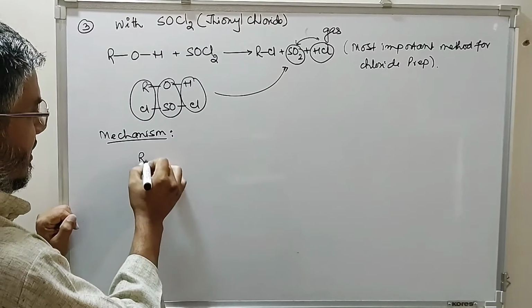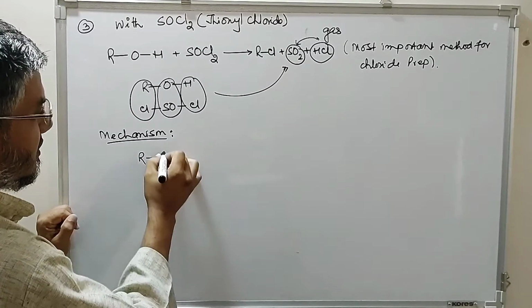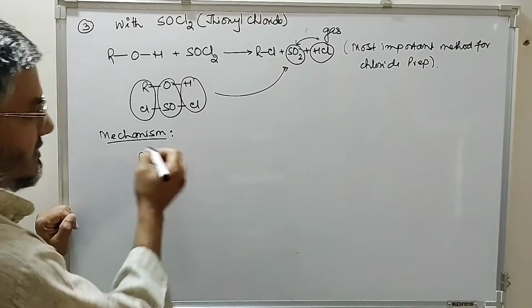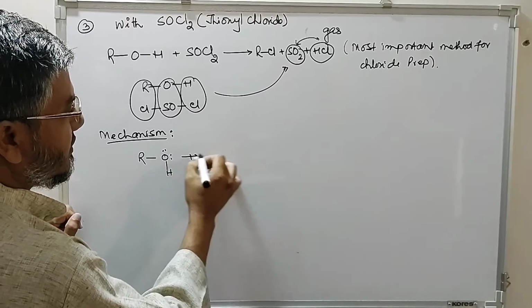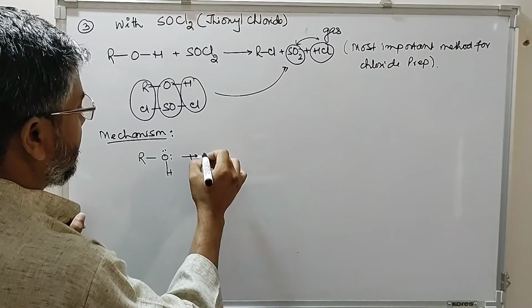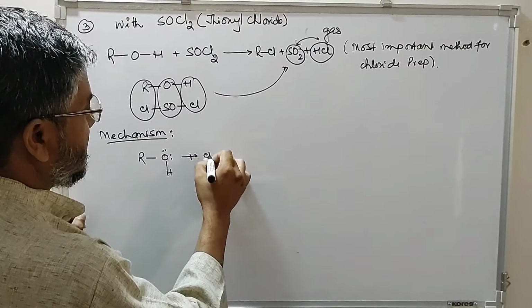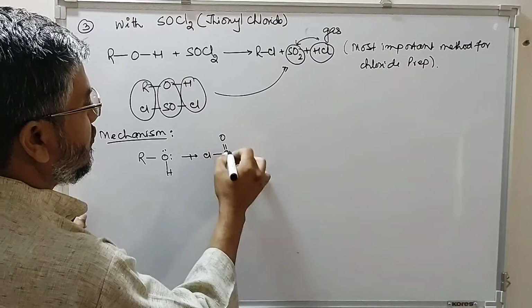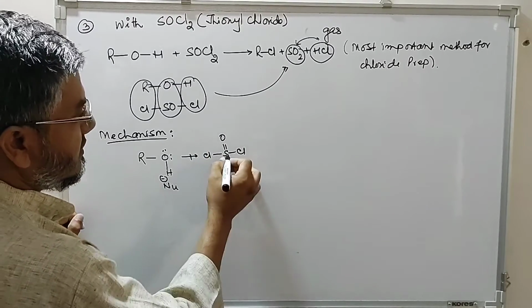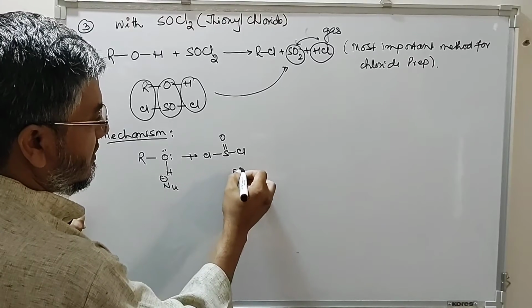So we have looked at this ROH. This oxygen has two lone pairs of electrons, so this is acting as a nucleophile. This reacts with sulfur, Cl, S double bond O, Cl. This is acting as a nucleophile, this is acting as an electrophile.